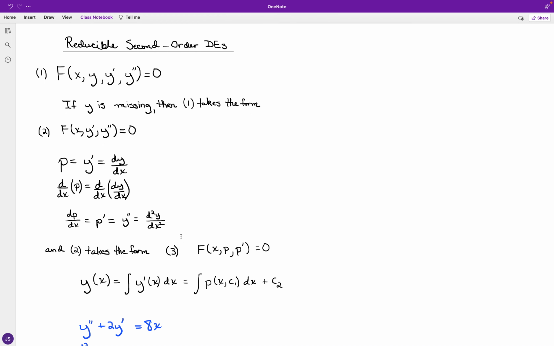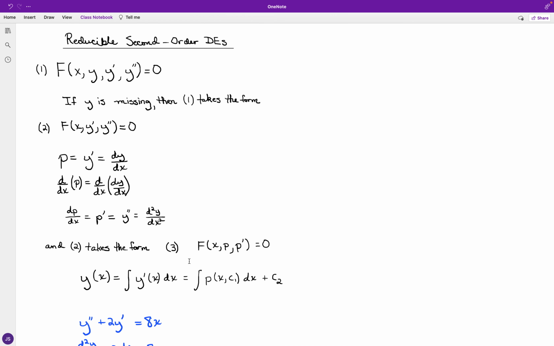So we have dp over dx equal to p prime, equal to y double prime, which is equal to d squared y over dx squared. And this equation is going to take on the form where we have f of x, p, and p prime equal to 0.